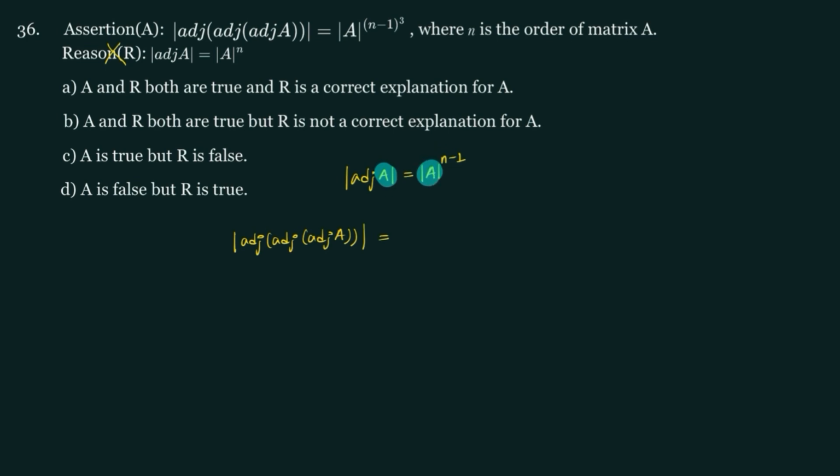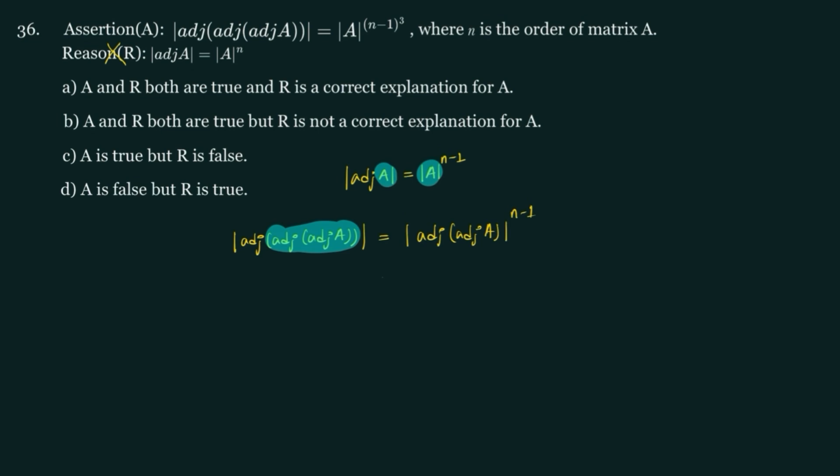So here it's the adjoint of the matrix, and the matrix is here adjoint of A. So by looking at the definition we can write this as determinant of adjoint of A to the power n minus 1. Okay, because n is the order of the matrix here.